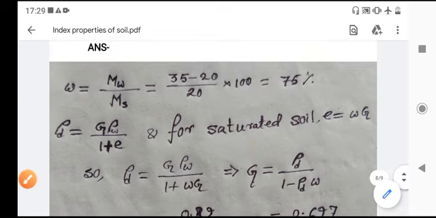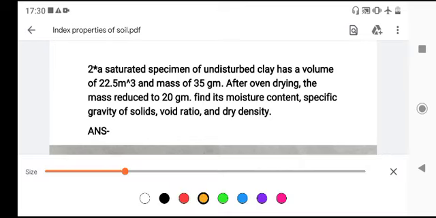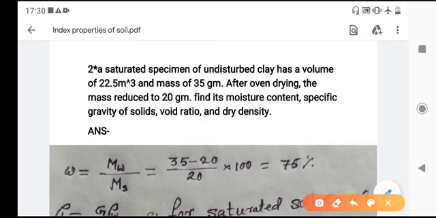We know water content equals mass of water by mass of solid. Mass of water equals 35 minus 20, since 35 is the mass of the saturated sample and after oven drying we get 20.